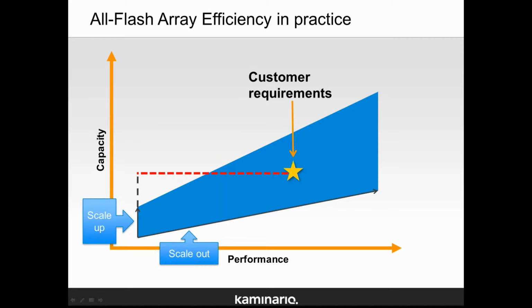In this specific example, a customer will need to buy at least two systems. Two systems means additional management overhead, and data reduction that is less optimized because, for instance, deduplication is not global across two systems. For this customer, a typical scale-out system can meet his capacity and performance requirements using a single system.